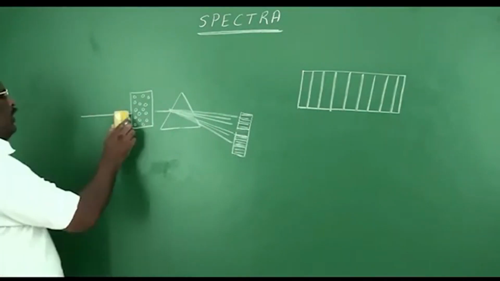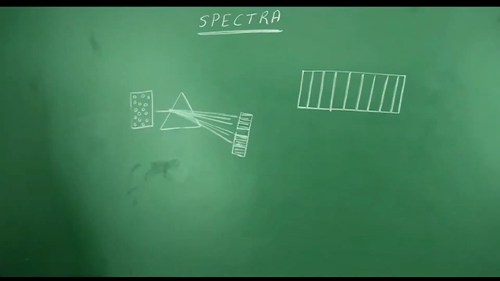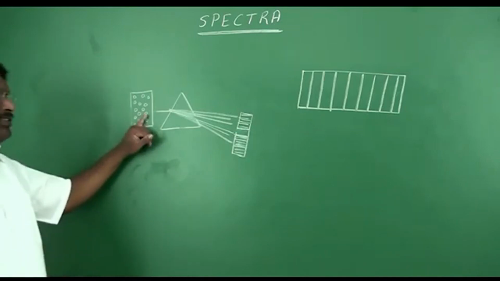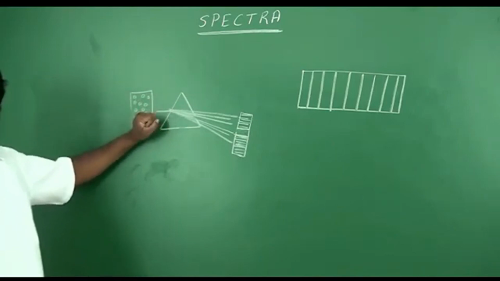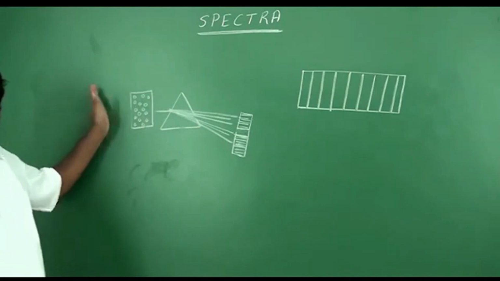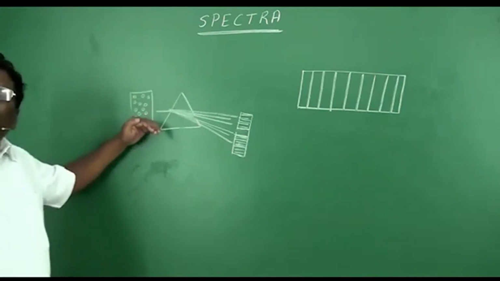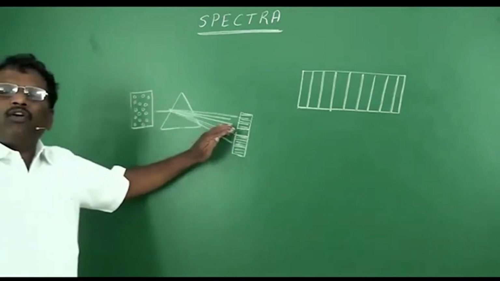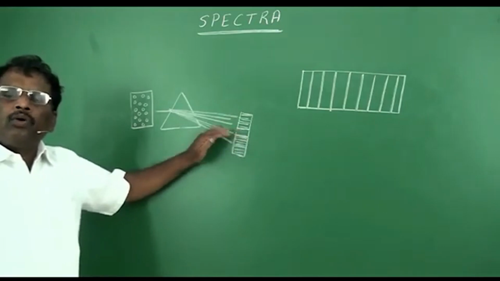Now, if we stop the light source focusing on the atoms, what happens? Before this, these atoms absorbed some wavelengths of light radiation. When this light is cut off, these atoms, which are in an excited state, will come to the ground state. When they come to the ground state, they will emit energy in the form of light radiation.